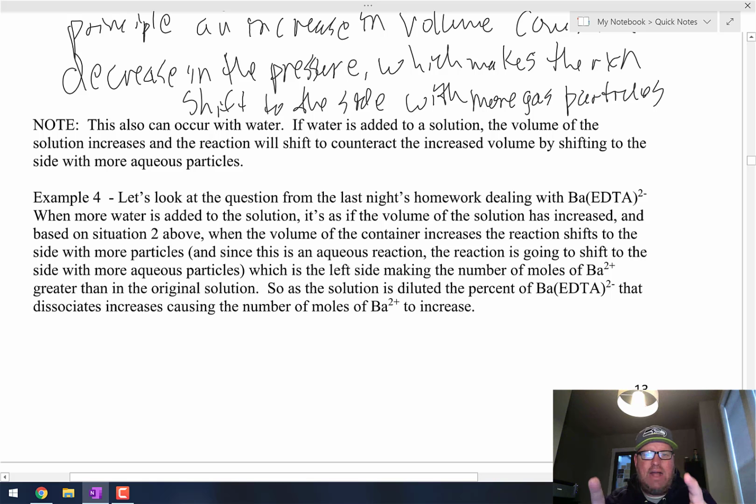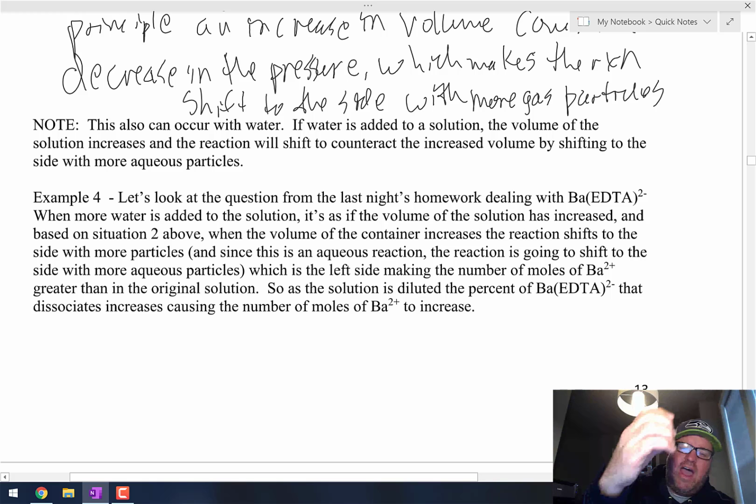So whether it's a gas or an aqueous solution, when the volume increases, the pressure, when it's a gas, decreases, and it shifts to the side with more gas particles, or if it's water, with more aqueous particles. If the volume goes down, if it's a gas, the pressure goes up. If the volume goes down in a solution, you have to let some of the water evaporate.